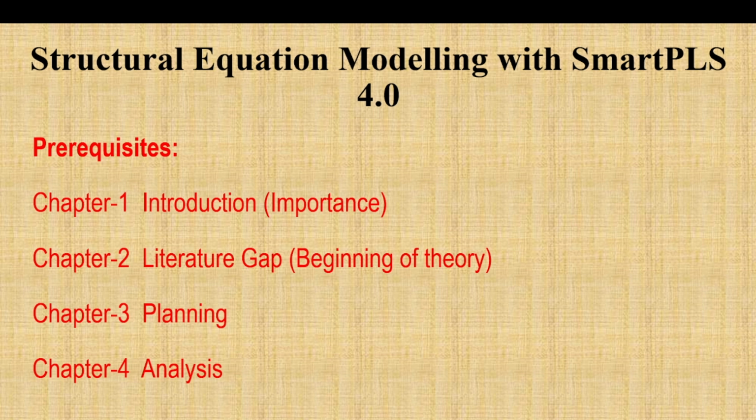For example, if you want to explain, let's say, technology adoption, there are more or less 13 theories available to explain the technology adoption phenomenon. And if you choose one theory, then there is a question of why you chose one over the other.